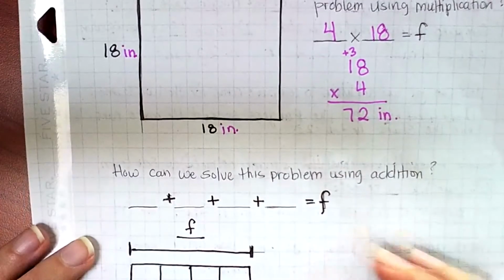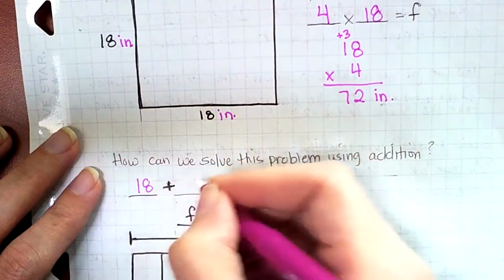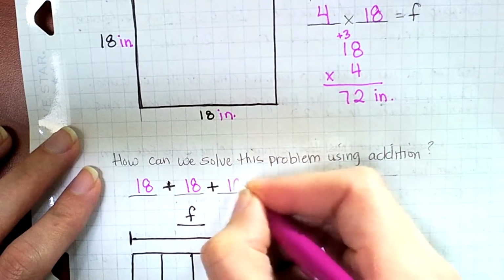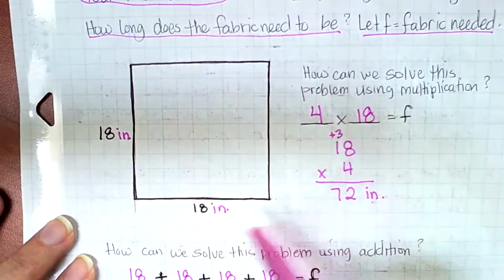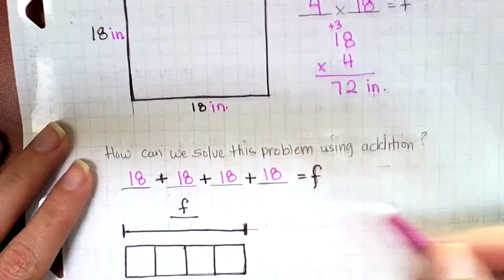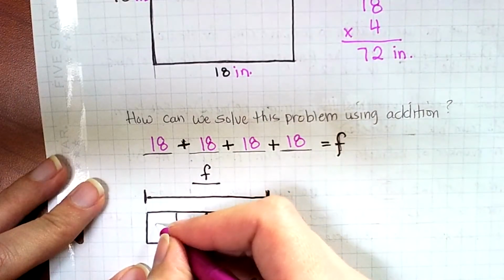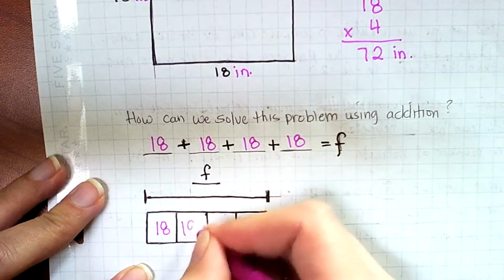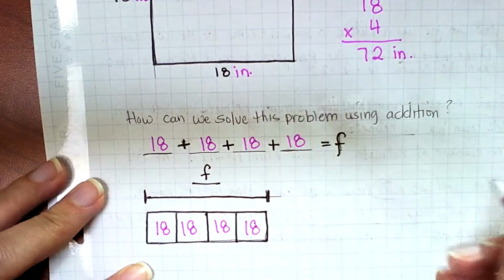Now, how can we solve this using addition? Well, we can say 18 plus 18 plus 18 plus 18 because it needs to go around all 4 sides of her pillow. And if each side is 18 inches, that means we need to add 18 4 times. Or if you're using a bar diagram, you can do 18 in all 4 of those sections.